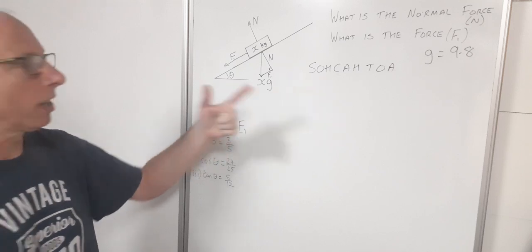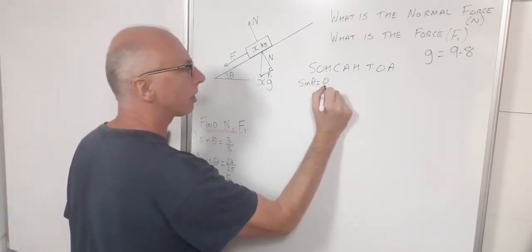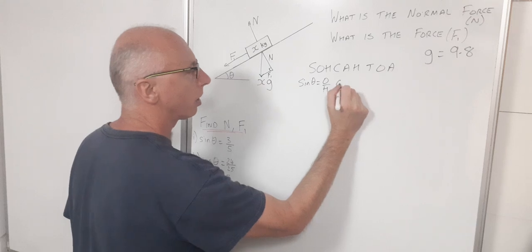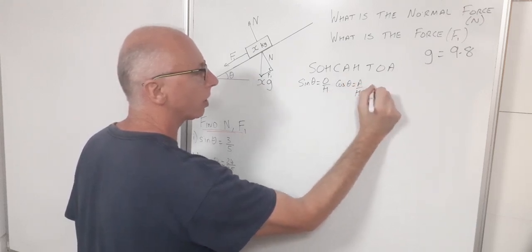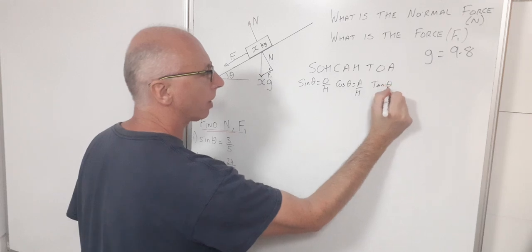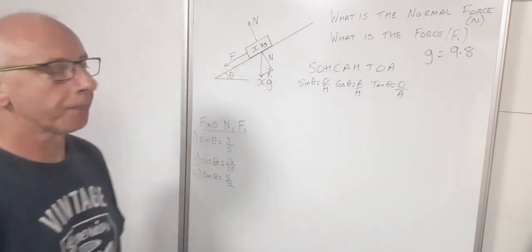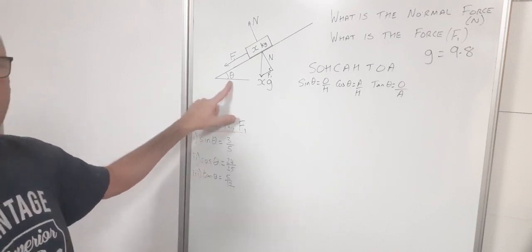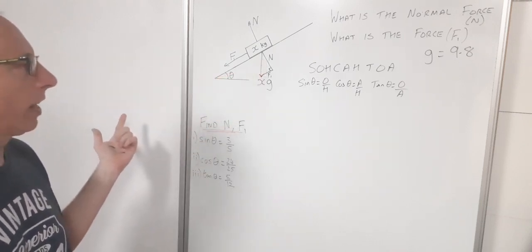SOHCAHTOA: sine of an angle theta equals opposite over hypotenuse. Cosine of theta equals adjacent over hypotenuse, and tangent theta equals opposite over adjacent. Now we've got the angle theta here, but we haven't worked out what the angles are inside of here yet.